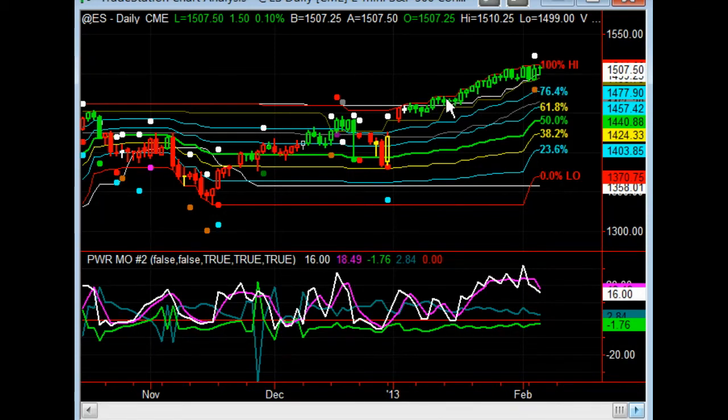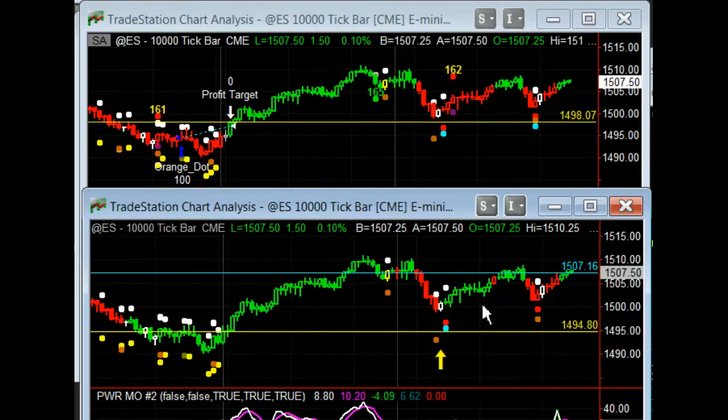But now, when it comes to the adaptive model for trend, you're only going to notice a difference at this particular time if we move into, like I said, the tick charts, smaller time frames.